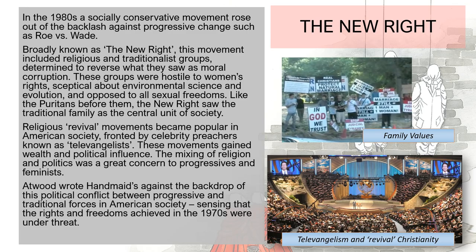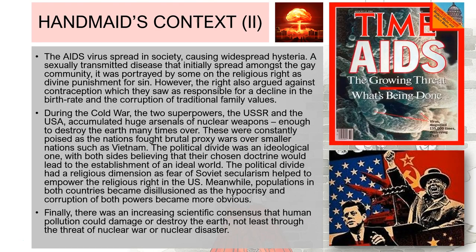So overall, in the 1980s, as the New Right rises, writers and intellectuals like Atwood are starting to feel that the progress made in the 1970s is under threat, and that there is a risk of it being undone, or even worse, society going back even further and taking away even more rights that were hard fought for.